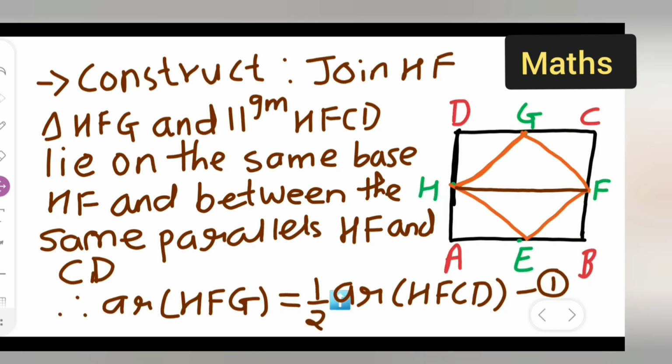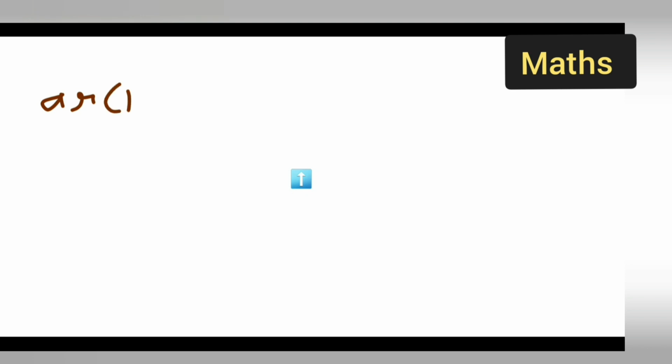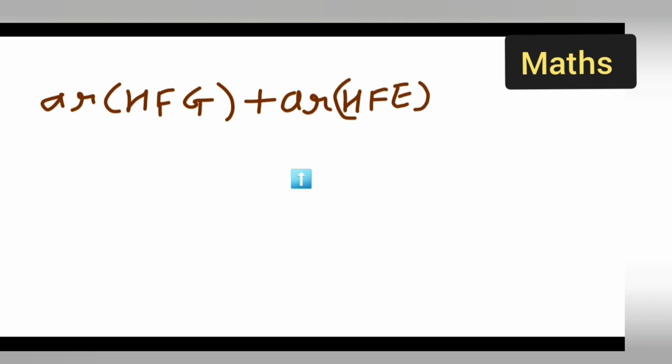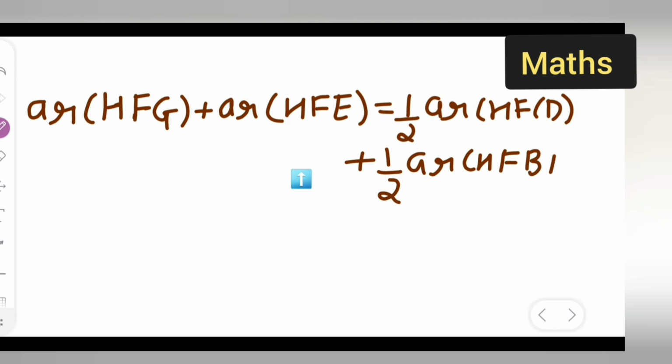Now you are going to add equation 1 and equation 2. Write down area HFG plus area HFE is equal to half of area HFCD plus half of area HFBA.